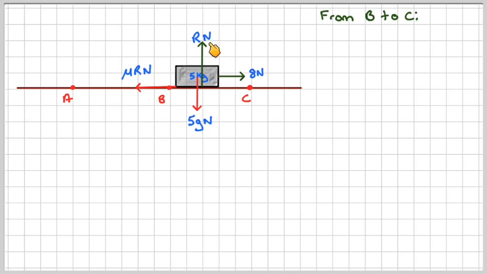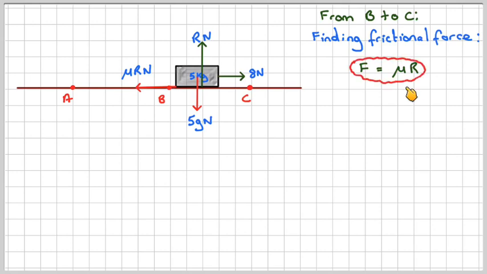Now we can find R quite easily because R minus 5g is equal to 0, therefore R must be equal to 5g. So finding the frictional force using F is equal to mu times R, it'll be 0.57 times 5g, which will give me 27.93 newtons.